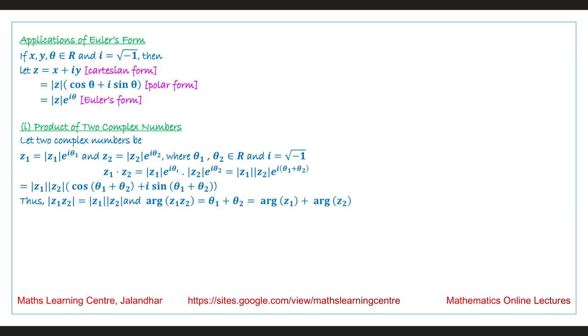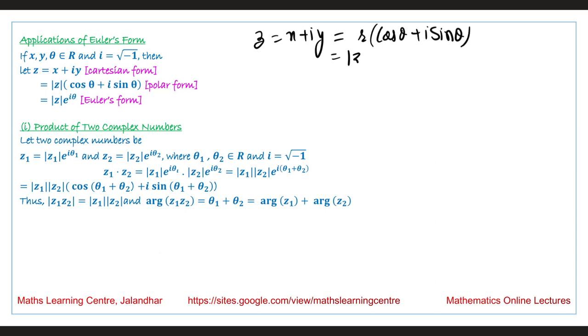Next we are going to study some applications of the Euler's form. So the first thing mentioned here, which is already clear to us, is that if z is equal to x plus iota y, we write that as r cos theta plus iota sin theta.